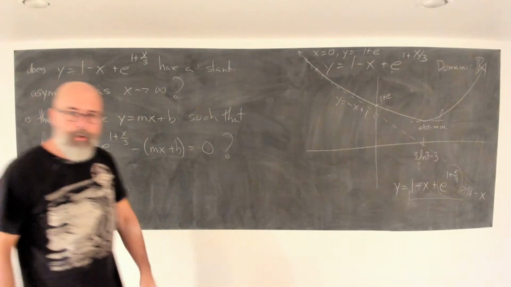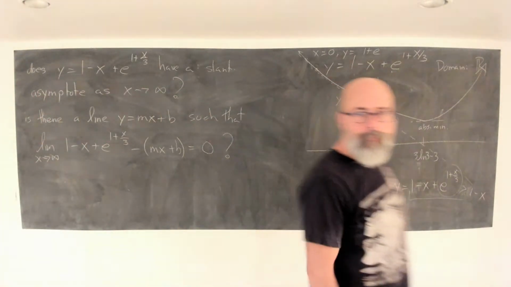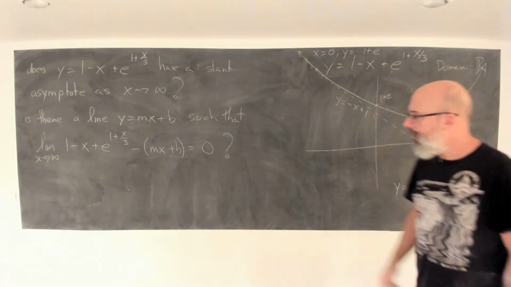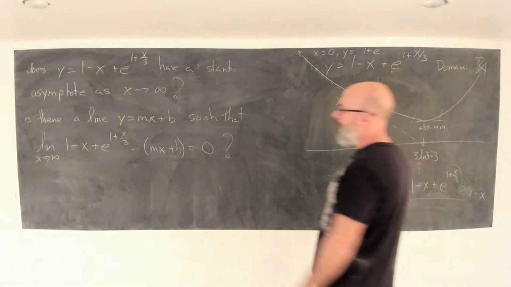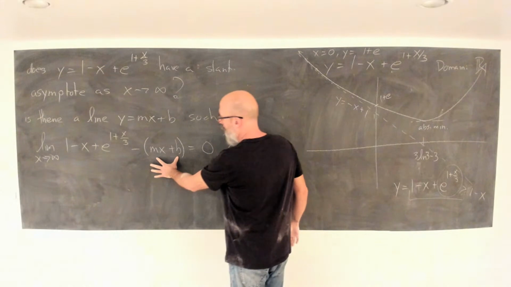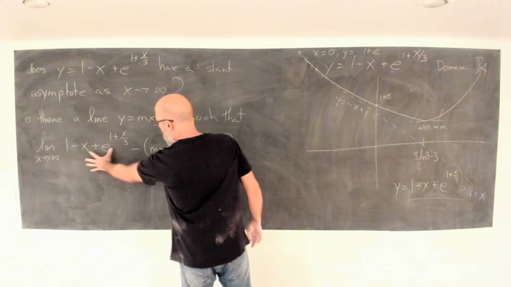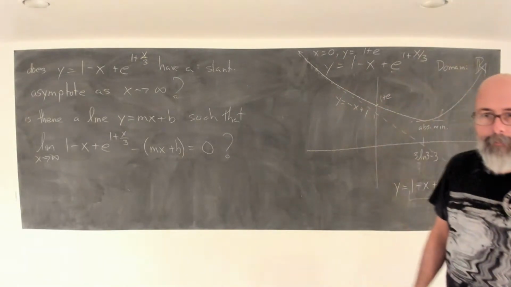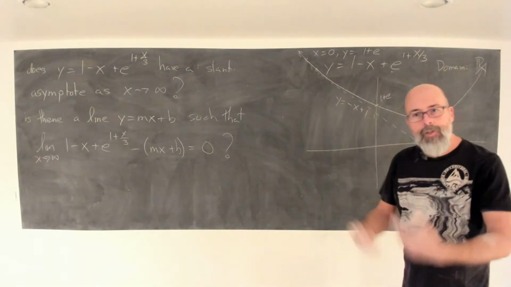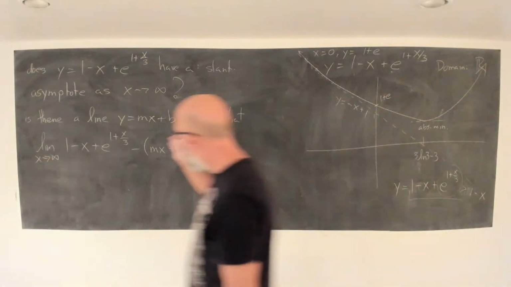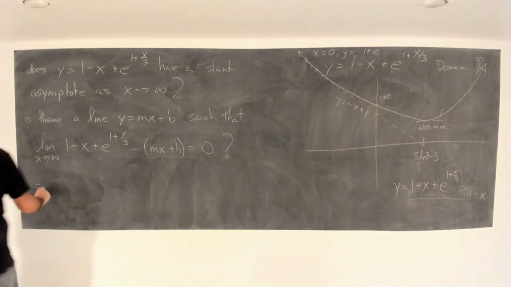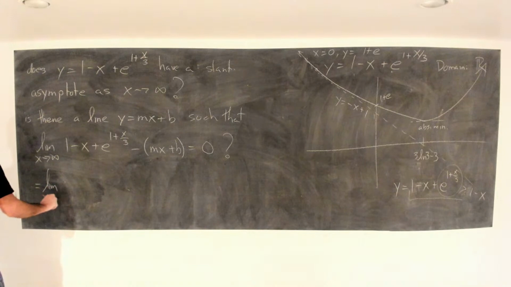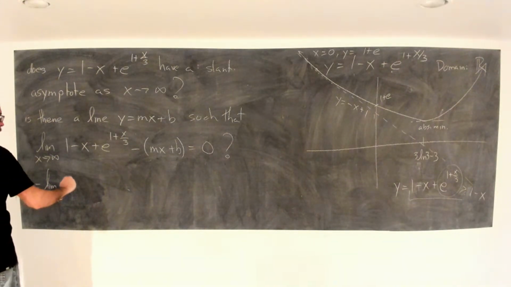That's the real question, right? That's the question we're asking ourselves. Is there an mx plus b such that when you subtract it and take a limit as x goes to infinity, you get 0? We're going to do the same thing we did before. We're going to factor out the exponential.